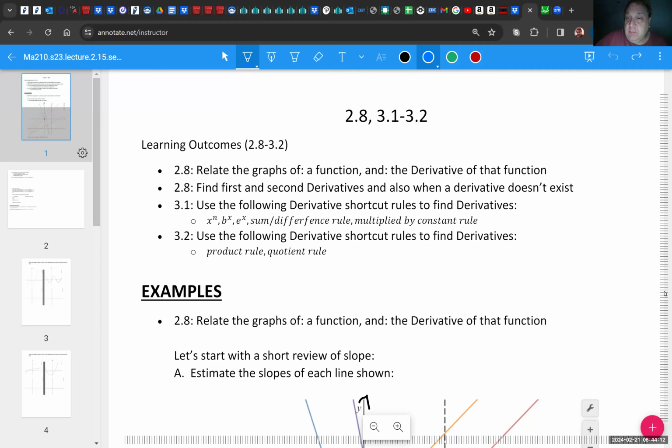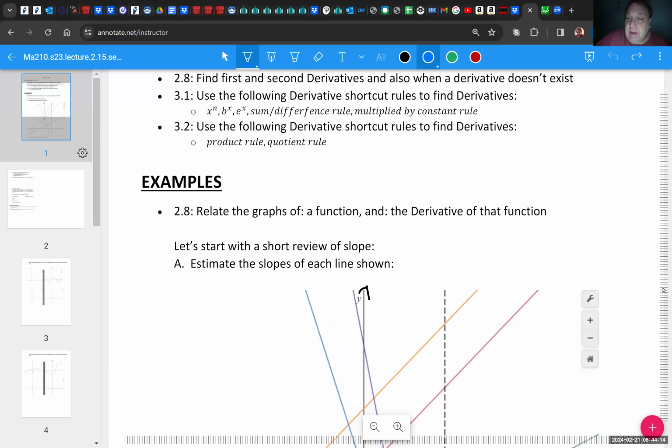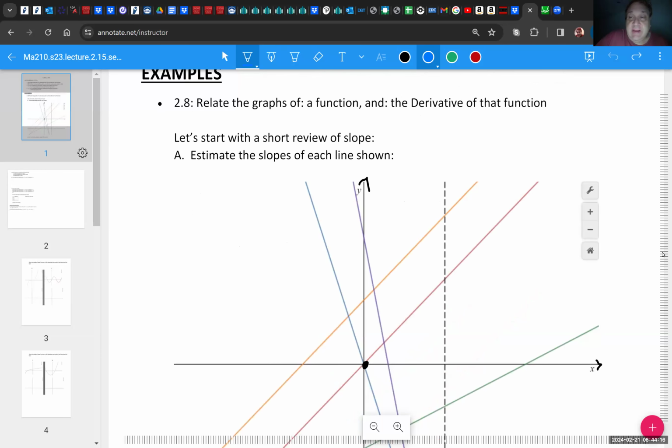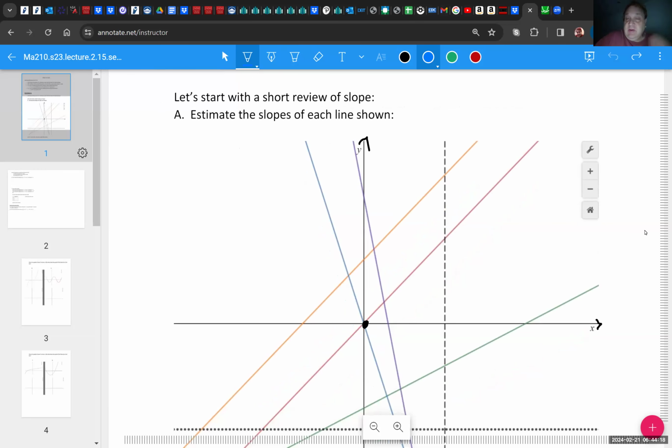All right, so quick review of slope. This is not a calculation, but just to have a good idea of what slope looks like. This is kind of a mess with all these different lines, but I put a dot at the origin so you can see where the x-axis and the y-axis meet.